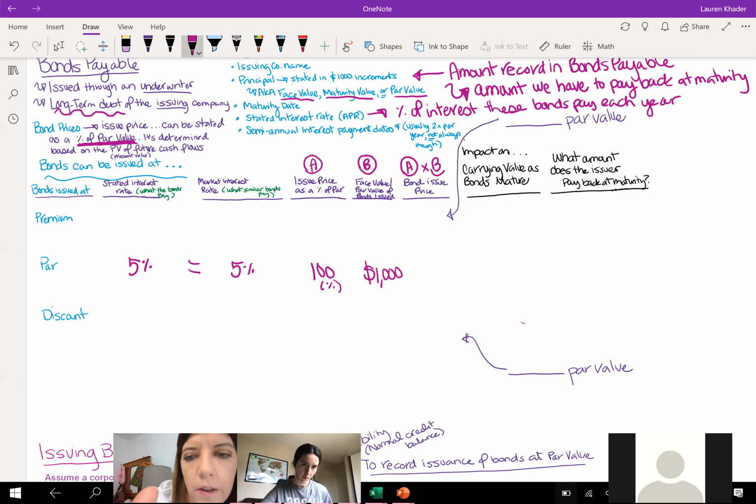To figure out the bond issue price, if you're given the issue price as a percentage of par, we're going to multiply the issue price as a percentage of par, which is 100%, times the face value of the bonds issued, which was 1,000, to calculate the bond issue price, which is going to be $1,000. The bonds are issued at par value, face value.